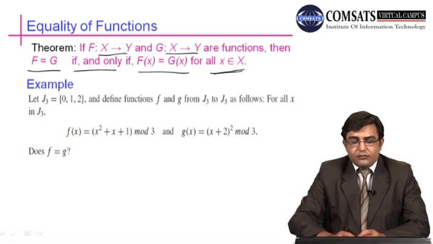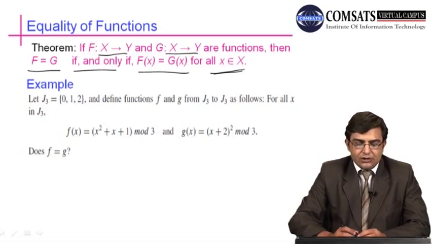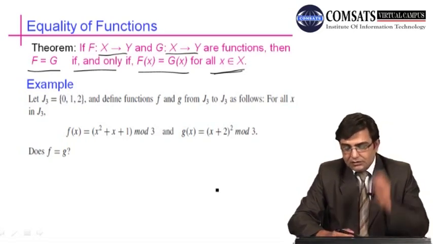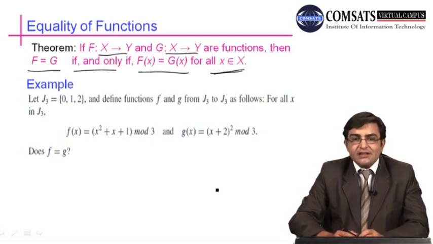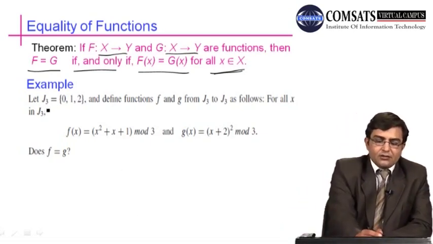To understand the equality of functions better, we consider a simple example. In this example the functions f and g are defined on the set J3. J3 is 0, 1, 2.